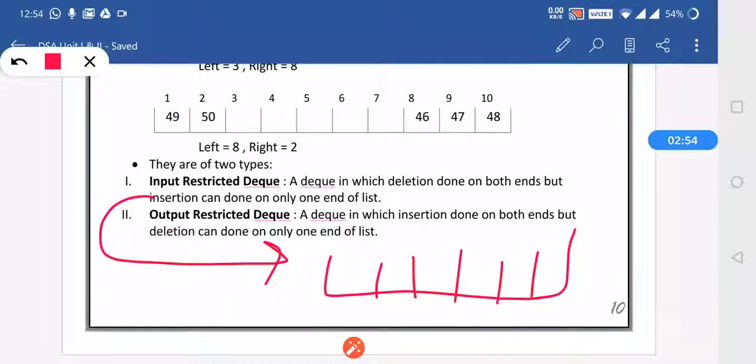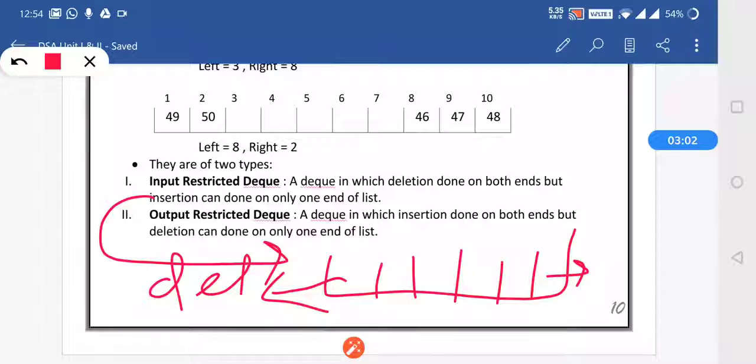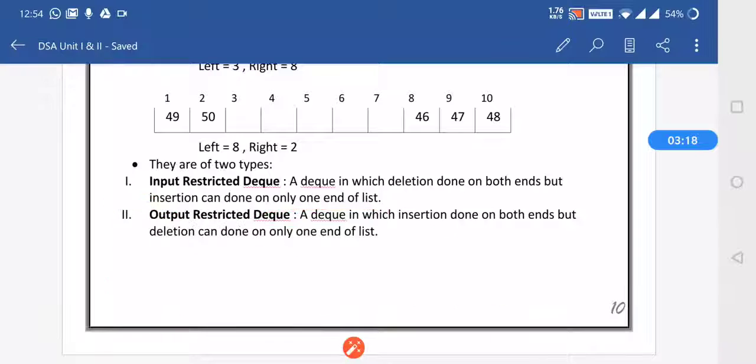In this, from both the ends, we can delete the element, but insertion can be done from only one end. It cannot be from both ends. That is input restricted DQ.